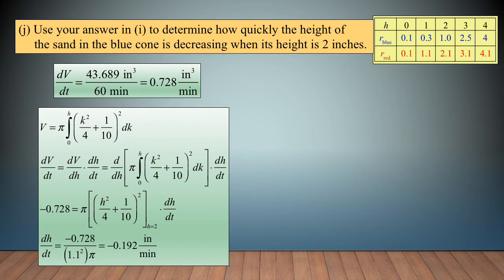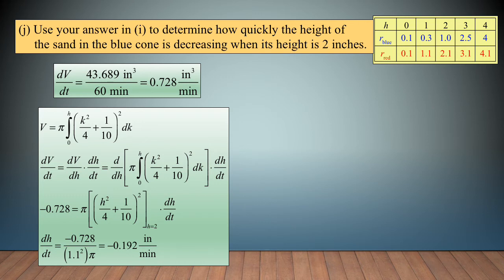Question J reads, use your answer in I to determine how quickly the height in the blue cone is decreasing when its height is 2 inches. We leave the answer for part I, 0.728 cubic inches per minute, as dV/dt.